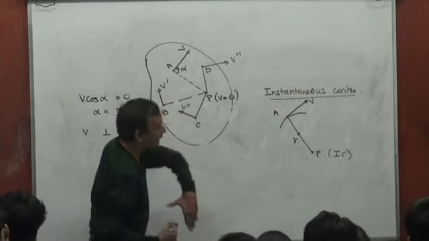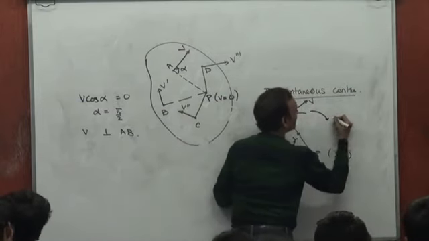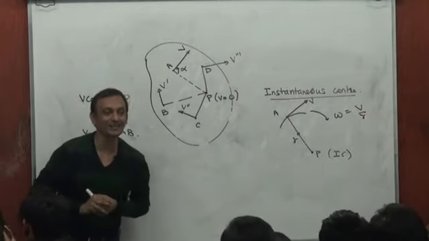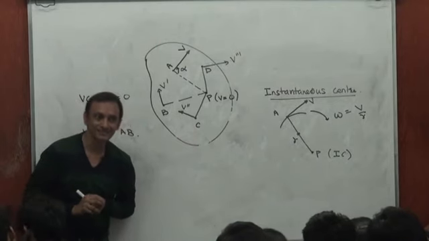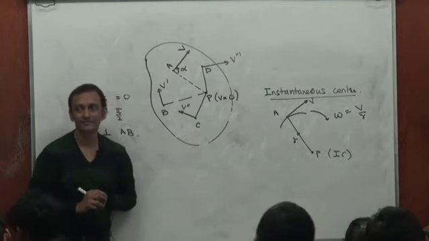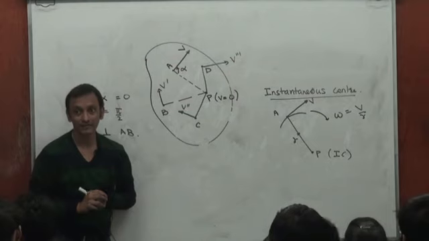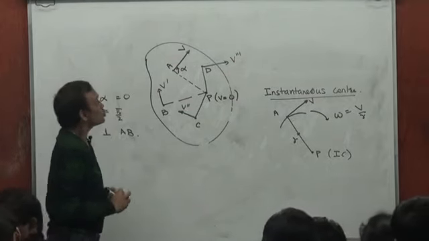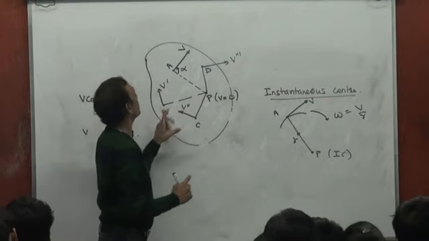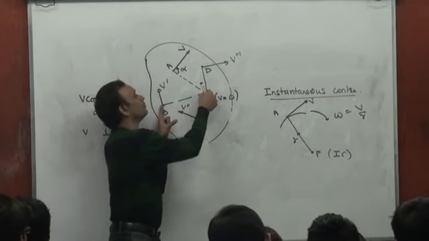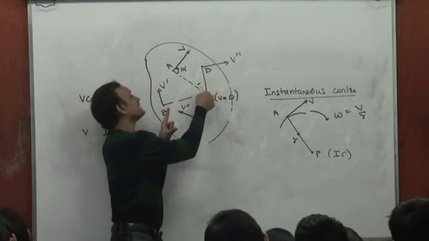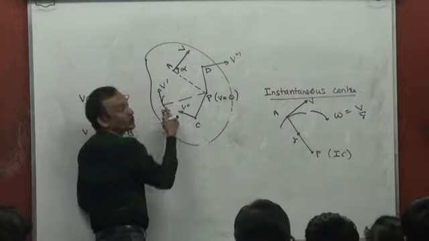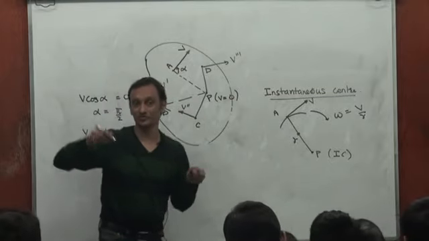Right? And with omega equal to V by R, are you alright with this? So, the particle B would be moving in a circle centered at P at this instant of time with radius equal to BP and tangential velocity equal to V prime, and so on.